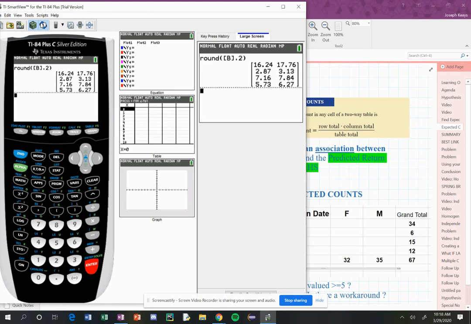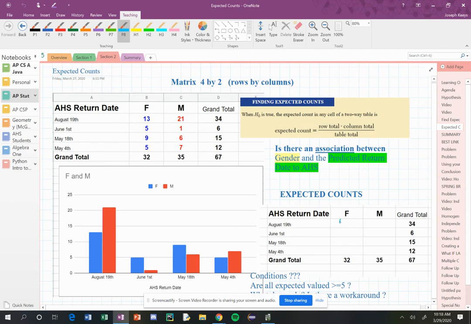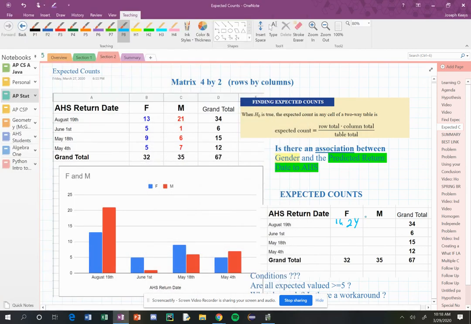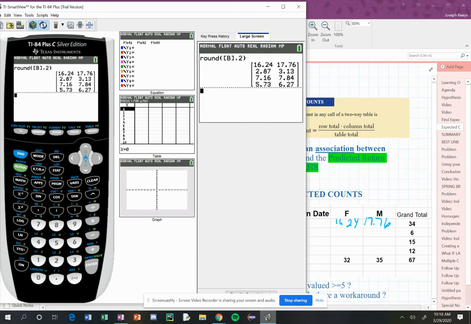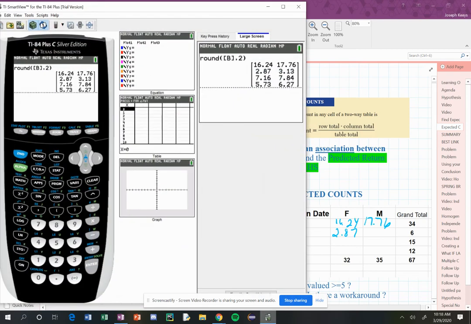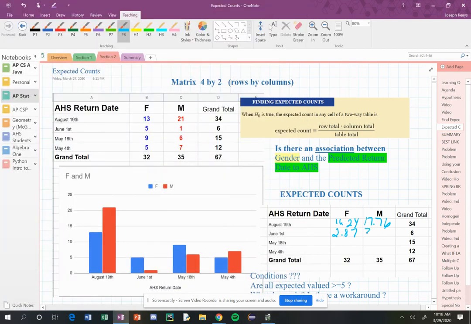So 16.24, I'm going to write 16.24. And what's the next one? 17.76. What's the next one? 2.87. And this is 3.13.